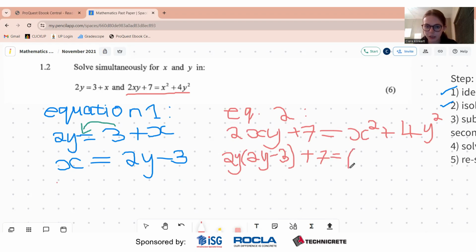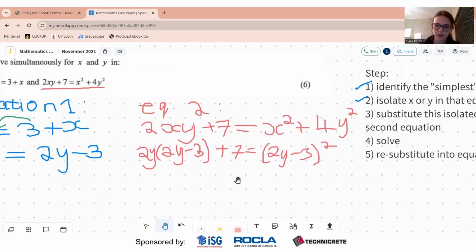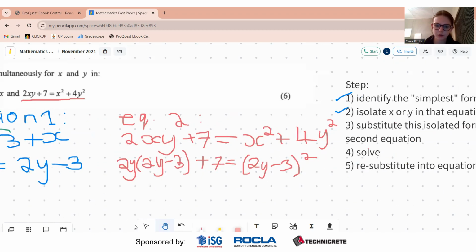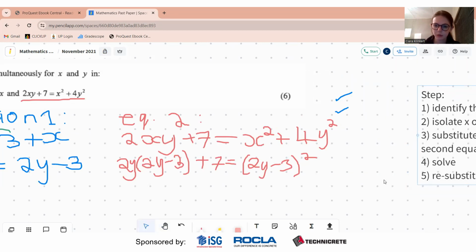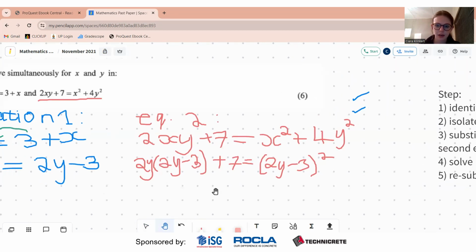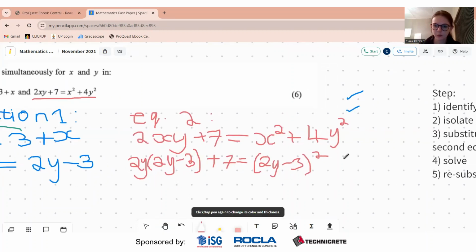So it's x squared. So I'm going to write out 2y minus 3 squared. Okay. And then let me just move this over, give myself a little bit more space, plus 4y squared.